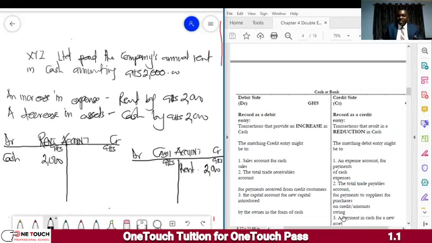So when we buy, our purchases will go up, but because we did not pay, there will be an increase in our liabilities. Okay, so when we make payments for that amount that we owe to our suppliers, now there will be a decrease in the amount of cash in hand or at bank.